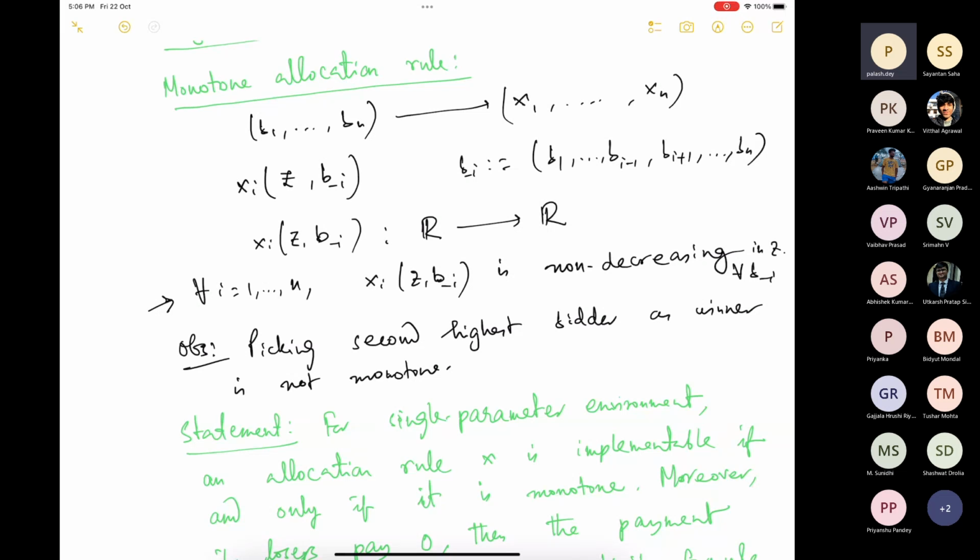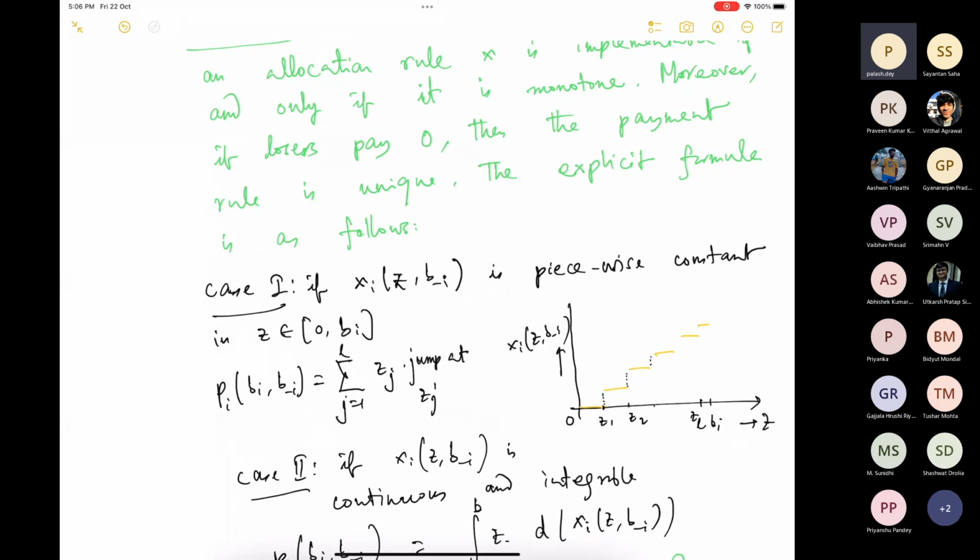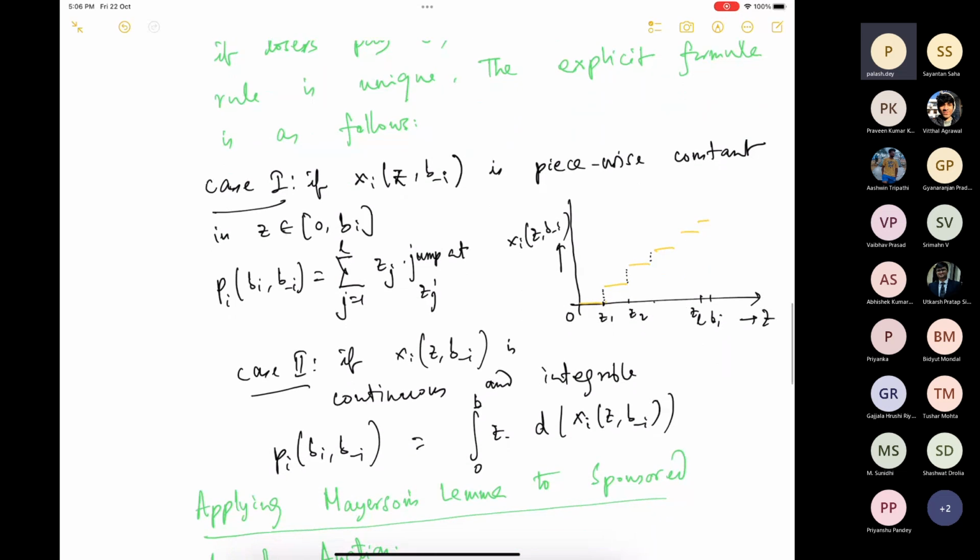So that is monotonicity, and not only that, Myerson's lemma says that if the losers pay zero amount, then the payment rule is unique. And moreover, the payment rule can be given as an explicit formula. We have seen it for two special cases. When the allocation function xi is a piecewise constant function, then the payment for player i is given by this function.